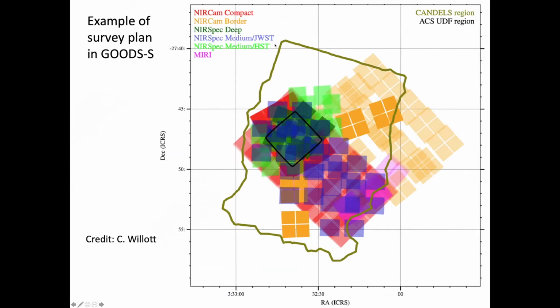Medium JWST means essentially that here we are targeting galaxies which will be selected with NIRCam pre-imaging, while medium JWST, HST are essentially parallel observations with NIRSpec where we will be targeting objects already known from HST.